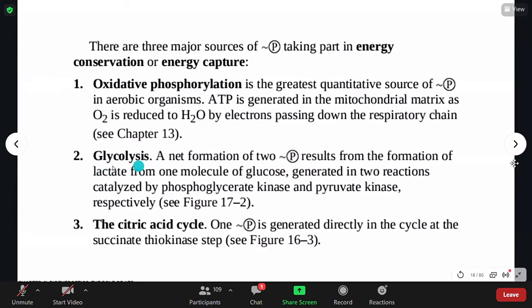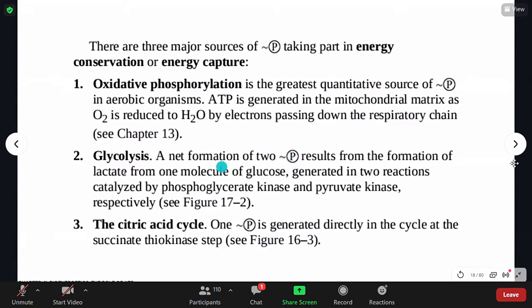You are also told in your kindergarten chemistry that there are two kinds of glycolysis: aerobic and anaerobic. Aerobic glycolysis produces more than two high energy phosphates.